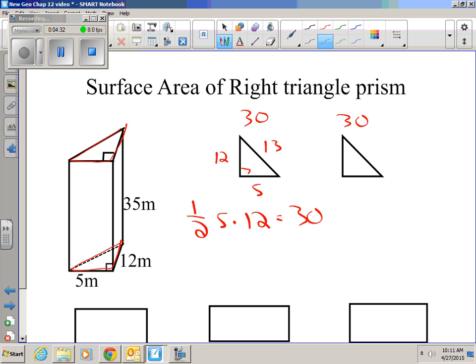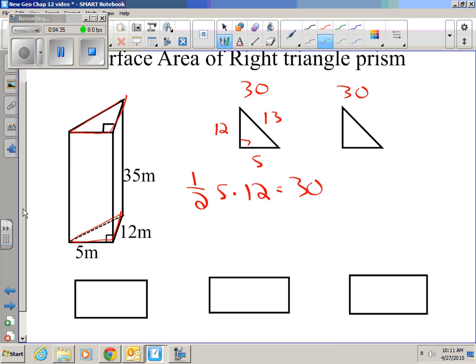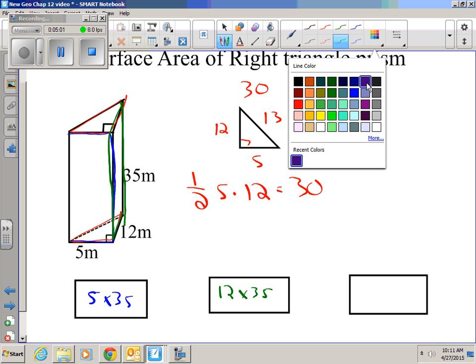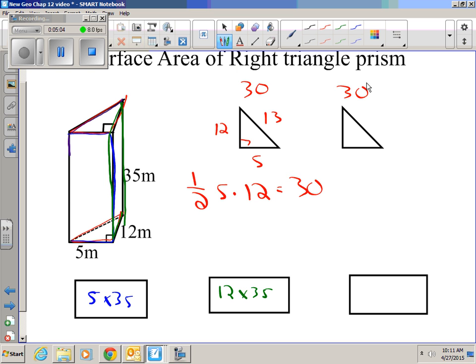And now let's look at my lateral faces. I have one here in blue. That's 5 by 35. I have one here in green. That's 12 by 35. And I have one here in another color, going to be 13 by 35.